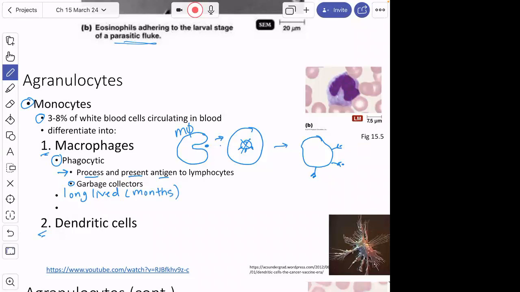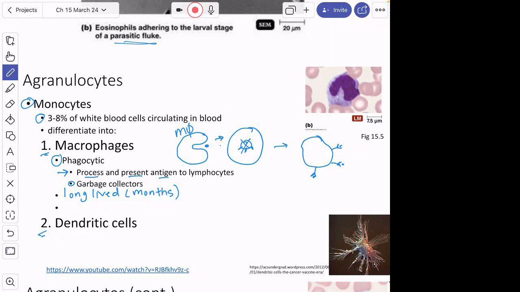So you might think, well, isn't that a disadvantage for a neutrophil to die right away? Not really. Neutrophils can be phagocytic, but they often act by releasing these granules. And when those granules are released, yes, that's bad for pathogens, but it also causes some tissue damage to us as well.